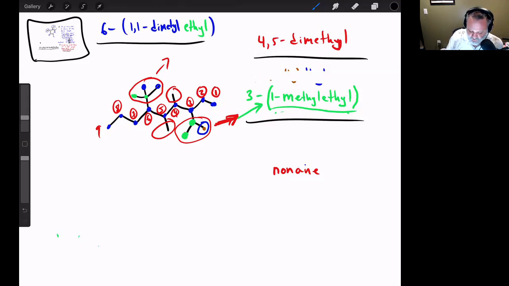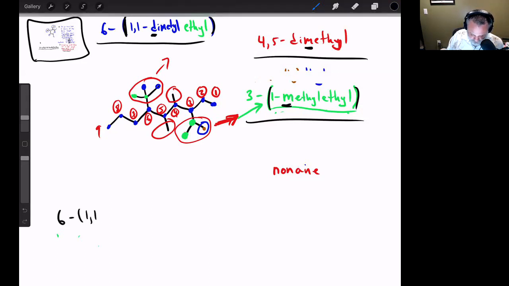And so here's an example of when that appears inside of a parentheses. So we're going to use M, and D for alphabetizing. So this one gets first. It's 6,1,1-dimethyl-ethyl.